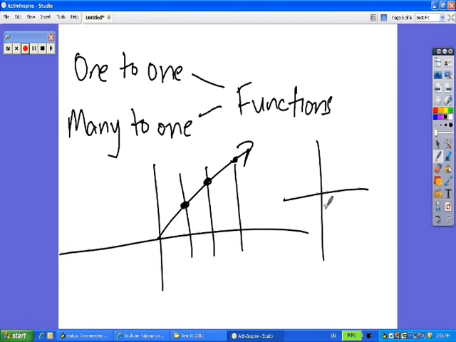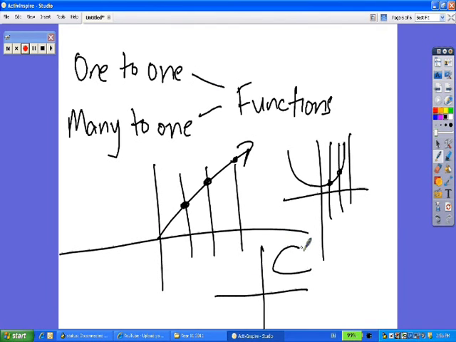Okay? Something like this would also pass because that's a parabola, but drawing a vertical line, I only intersect with my function once. However, I did already show you an example. If I had a sideways parabola, if I drew a line through there vertically, I would intersect twice. Okay, so this is not a function. This is called the vertical line test.